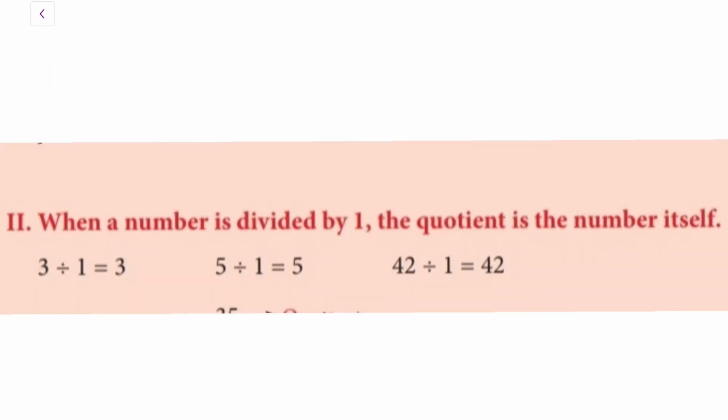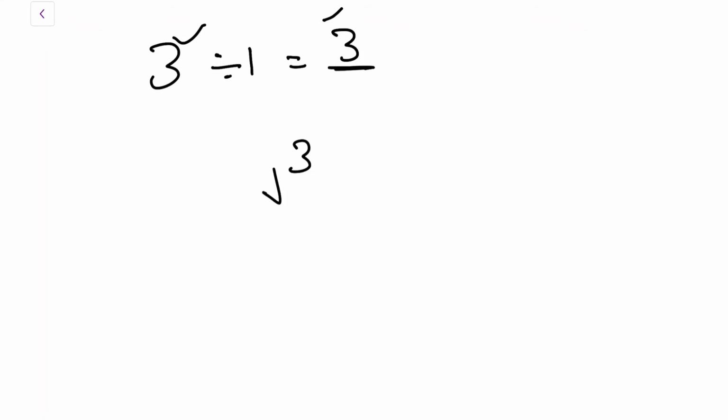Here's your second property. When a number is divided by 1, the quotient is the number itself. Take an example, 3. When a number is divided by 1, what is the quotient? The number itself, 3 itself. 3 divided by 1. 1 into what is 3? 1 into 3 is 3. 3 minus 3 is 0.